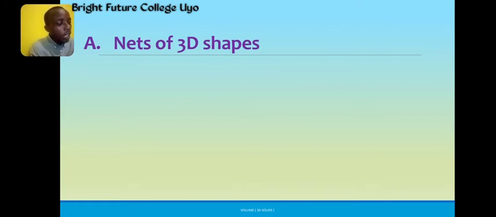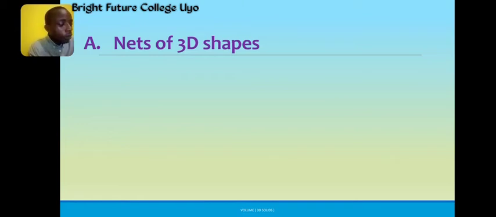Last week we looked at the characteristics, properties, features of about 7 three-dimensional shapes, and in that lesson, by the number of faces, edges and vertices, you are able to determine the characteristics of these three-dimensional shapes.